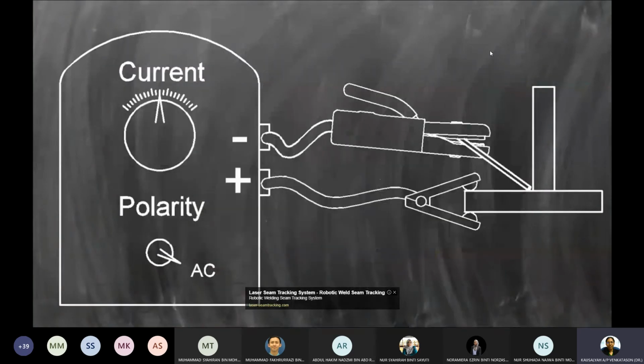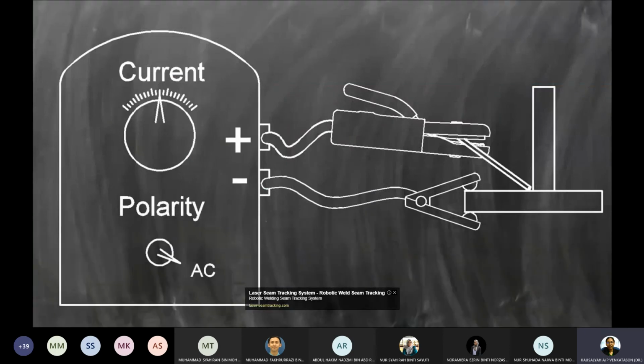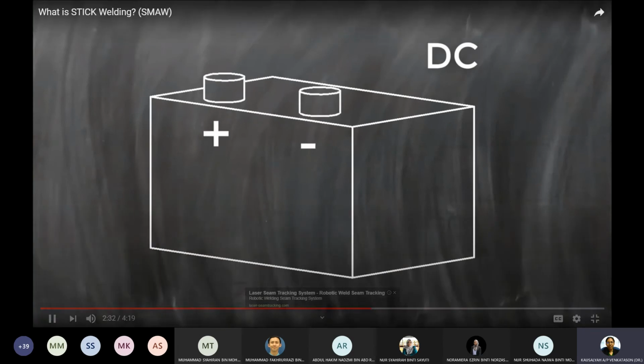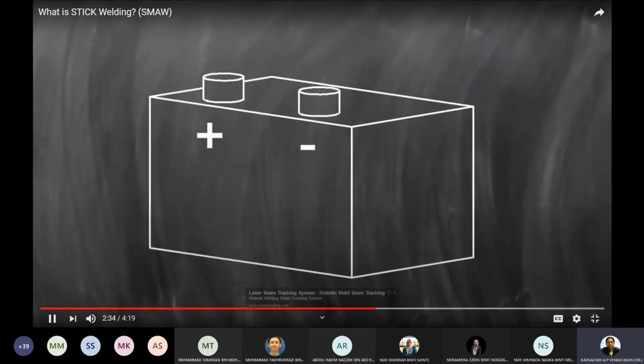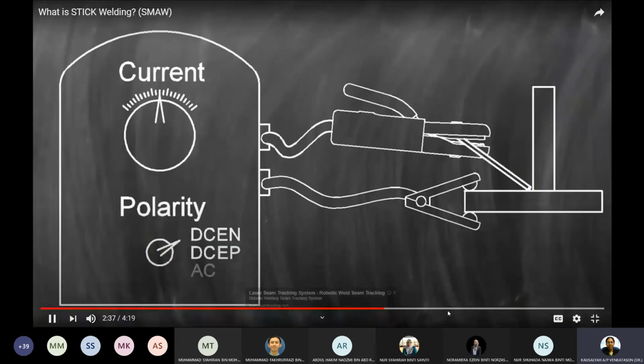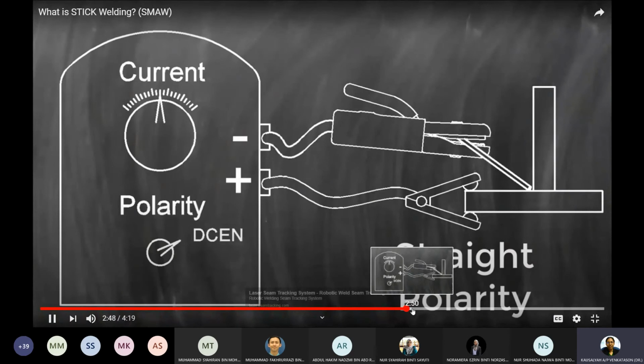In AC, or alternating current, the direction of the flow of the electricity changes directions many times every second. Direct current, or DC, is like the flow of electricity from a car battery. One lead is always positive and the other is always negative. DC can be set up DCEN, or DC electrode negative, which is often called straight polarity.